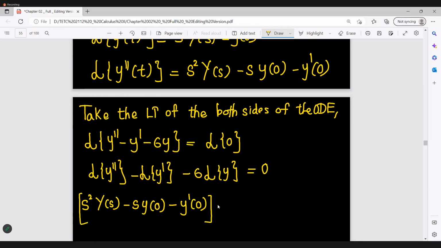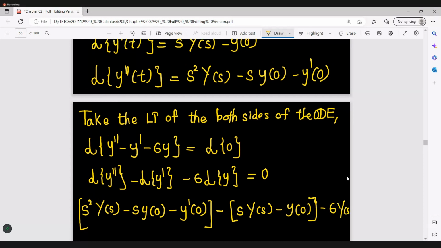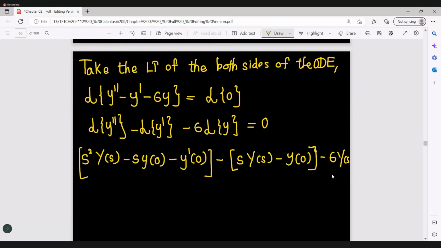Then minus y dash, the Laplace transform of the first derivative, is equal to s Y of s minus y 0. Then minus 6 times the Laplace transform of y, which is our capital Y of s, and all these things are equal to 0. So let's substitute.